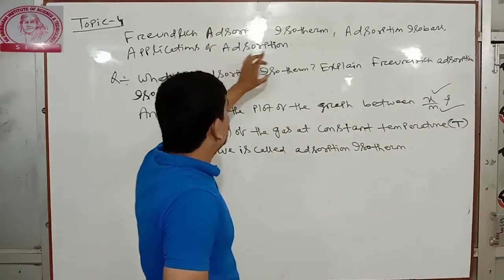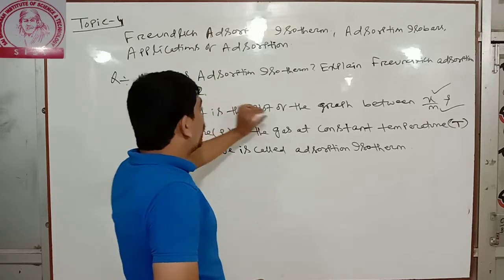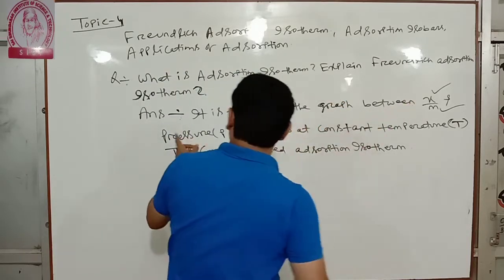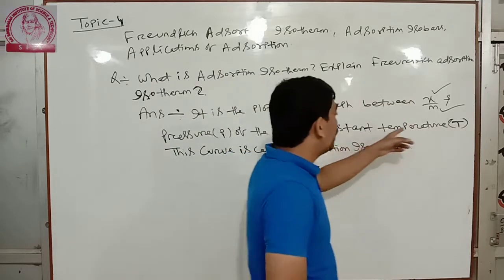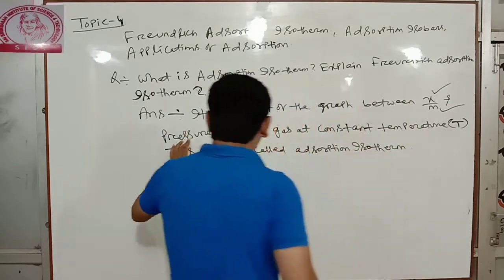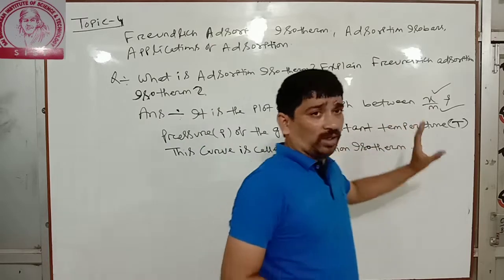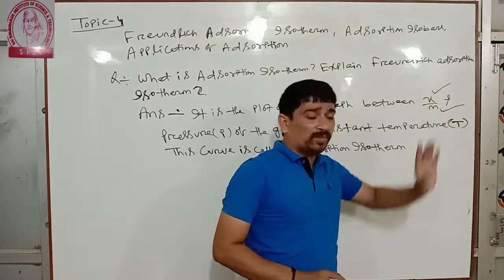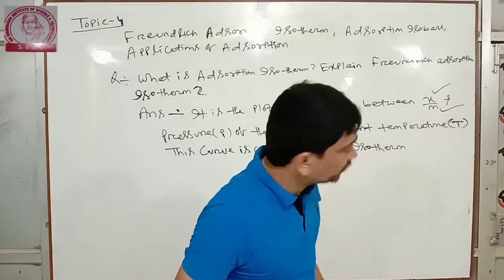What is adsorption isotherm? It is the plot of the graph or curve between x by m and pressure P of the gas at constant temperature T. This curve is called adsorption isotherm, where x is the mass of the adsorbate, m is the mass of the adsorbent.